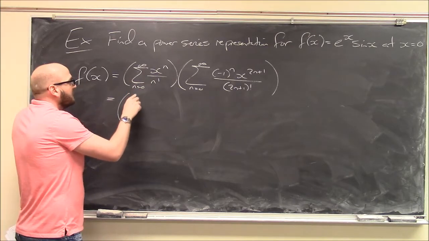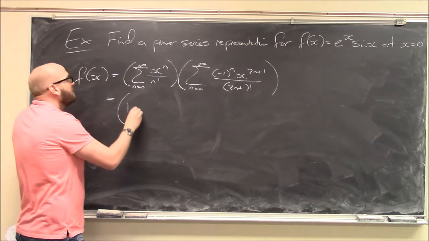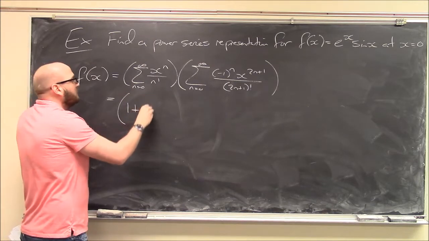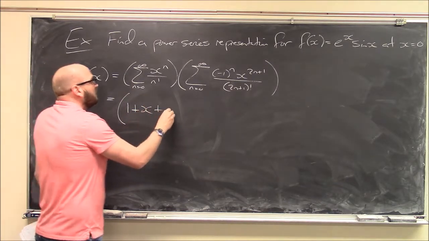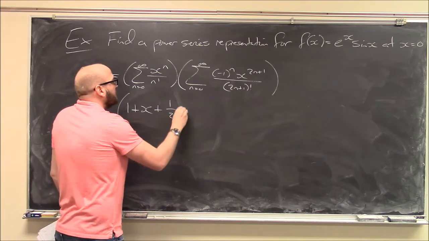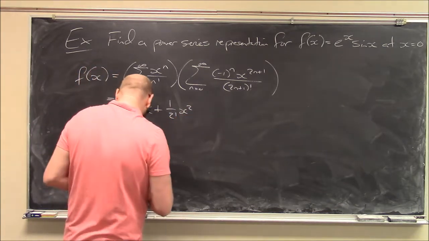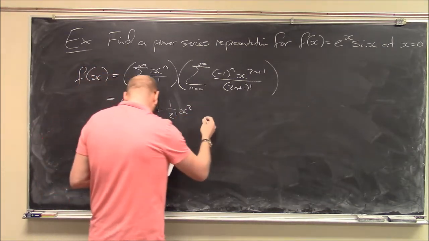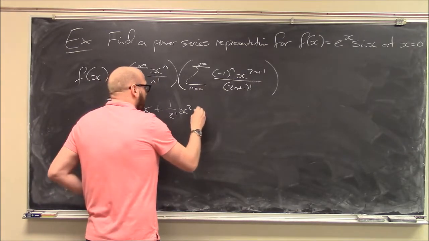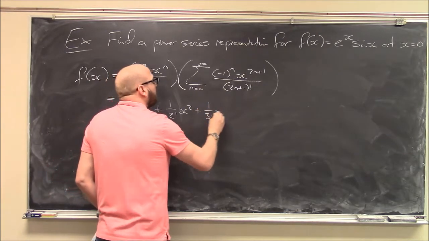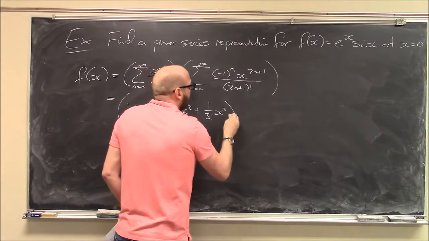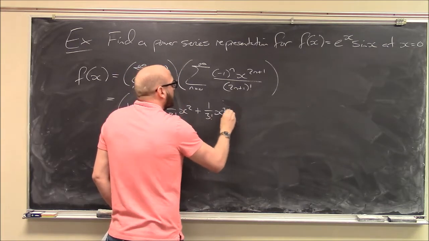This would look like, n equals 0, we've got 1, plus n equals 1, we've got x, n equals 2, we've got 1 over 2 factorial x squared. We'll go to the cube term, plus 1 over 3 factorial x cubed, plus dot dot dot.